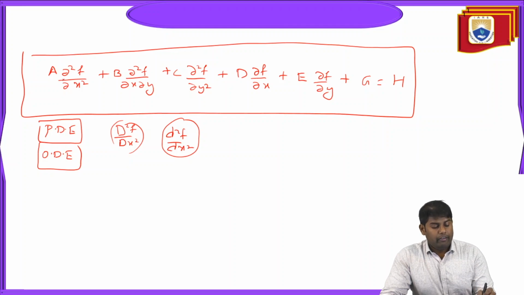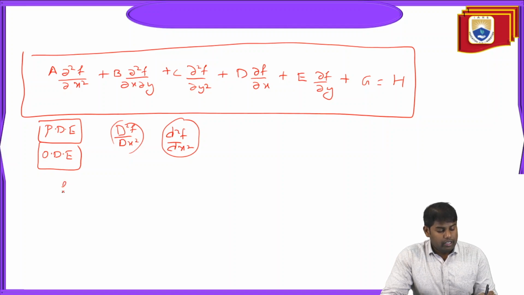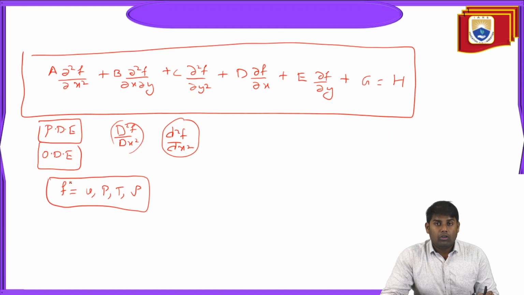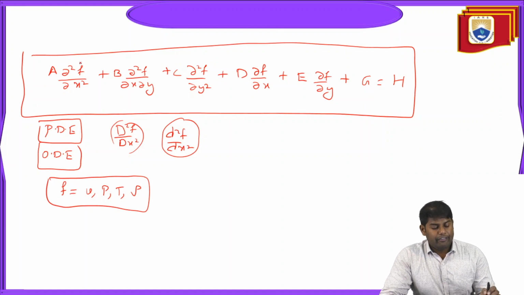When we use ∂, the major significance is that the function f can be any flow variable: velocity, pressure, temperature, or density. Basically, f is a function.